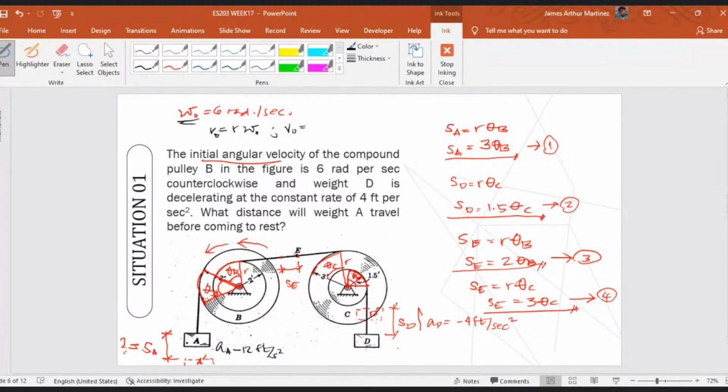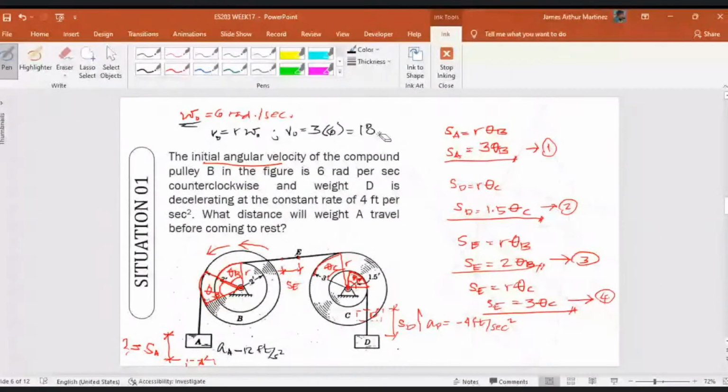So what is the initial velocity of A? The radius is 3 feet, multiplied by the initial angular velocity of 6 rad per second. Therefore, we have an initial velocity of A equal to 18.